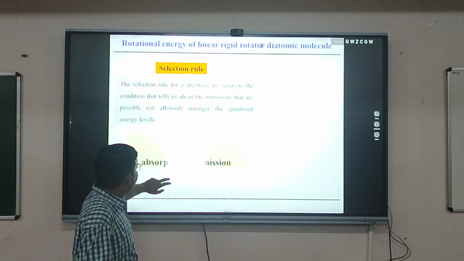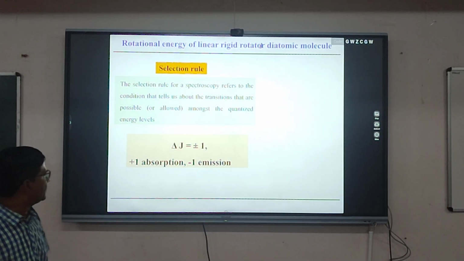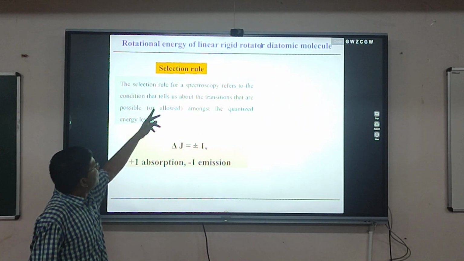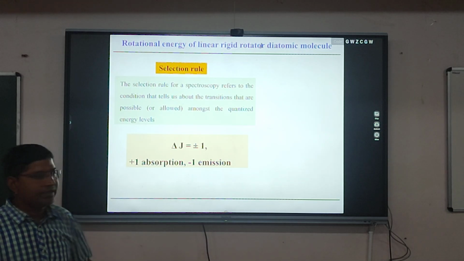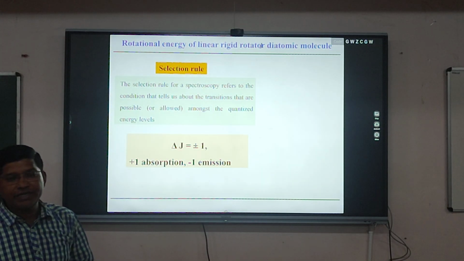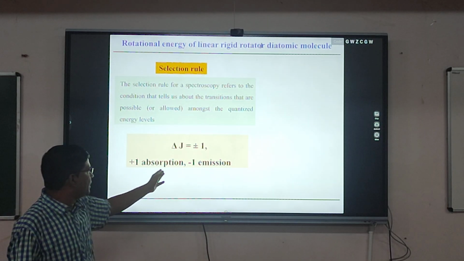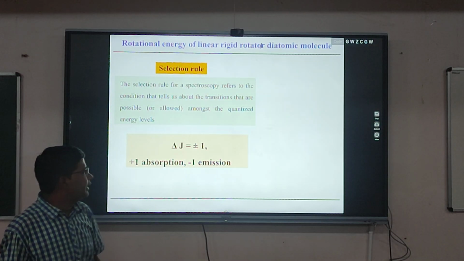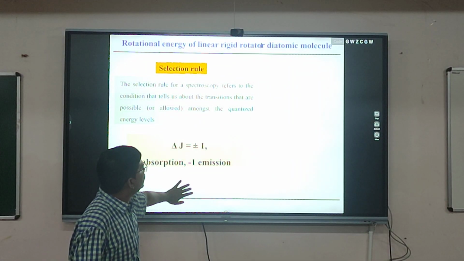Here, for rotational spectroscopy or microwave spectroscopy, the selection rule is del J equal to plus minus 1. So this is a quantized energy state of a rotating molecule. Plus shows the absorption of a molecule and a negative sign shows the emission of a molecule.